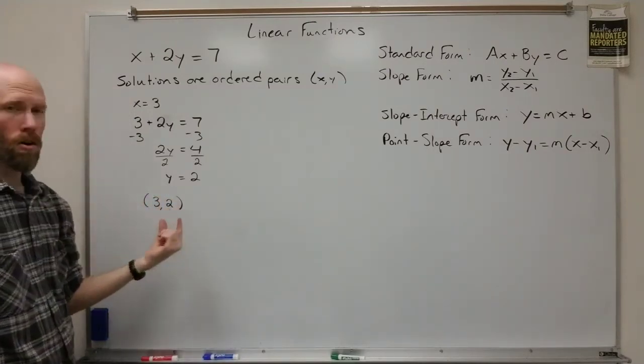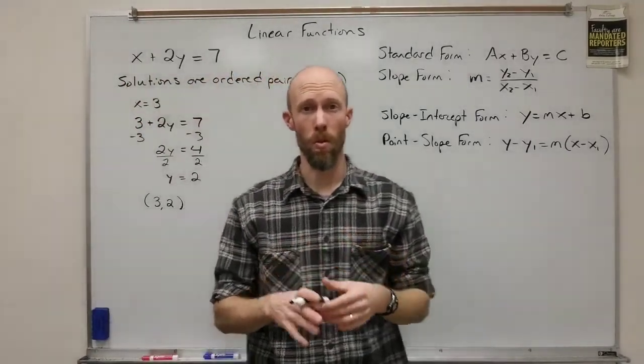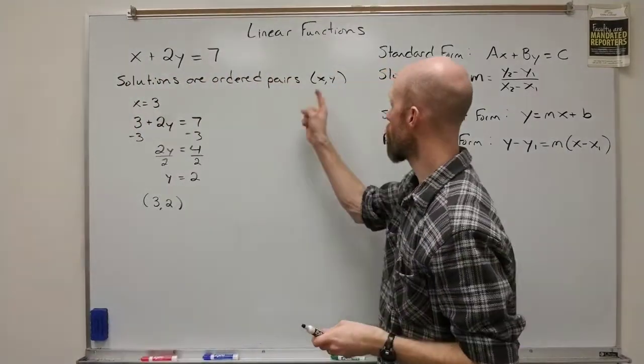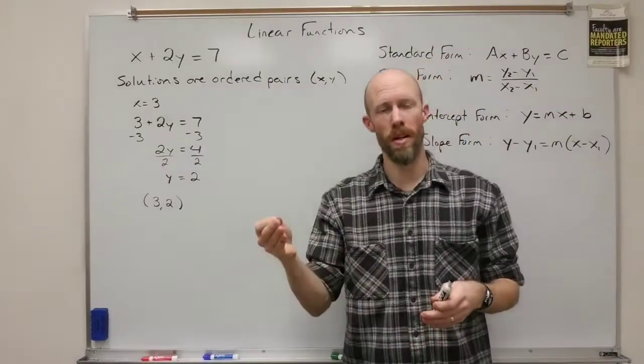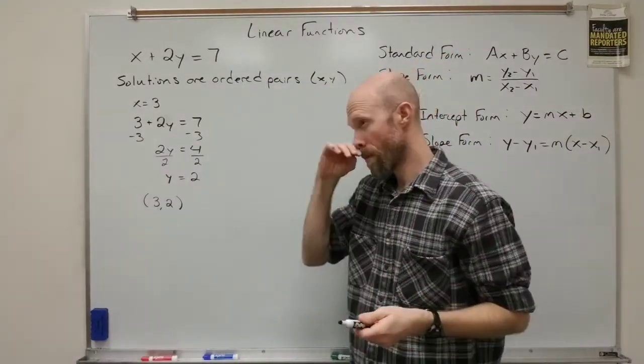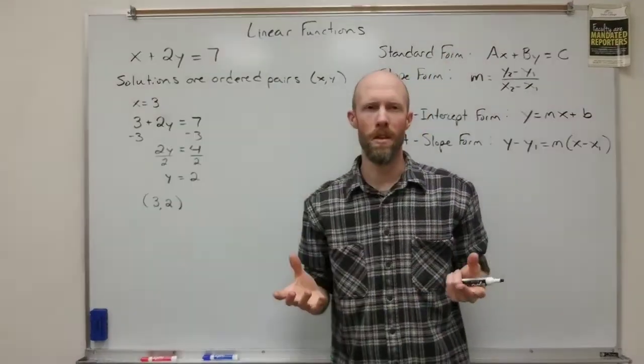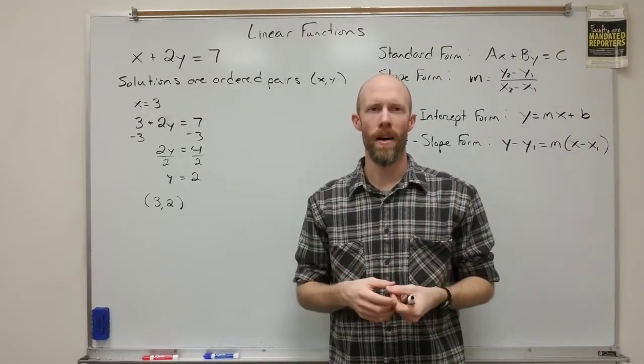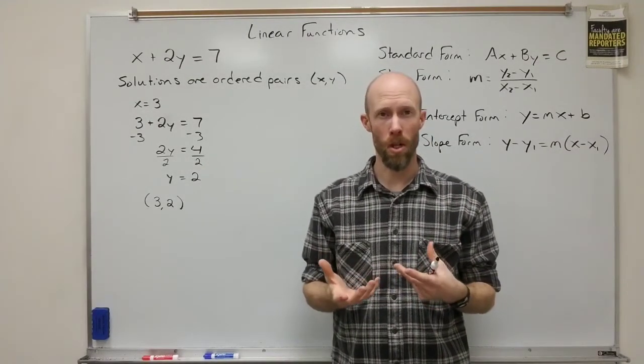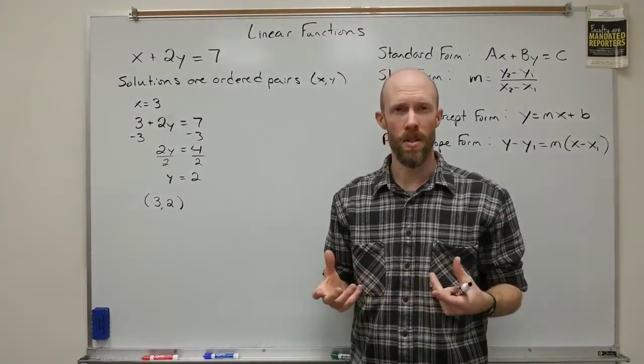It's a pair of numbers in a particular order. The order specifically is x and y, so we always do the x first, the y second. Now the variables could be different. They don't have to be x and y, but typically in mathematics we use x and y as a standard notation.